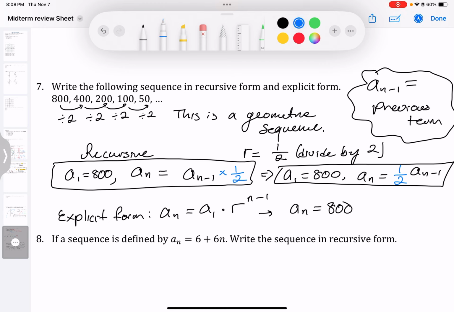We're going to multiply that by 1/2. Let's put our 1/2 in parentheses. And we're going to then raise that to the power of n minus 1. And that is our explicit form of the sequence.